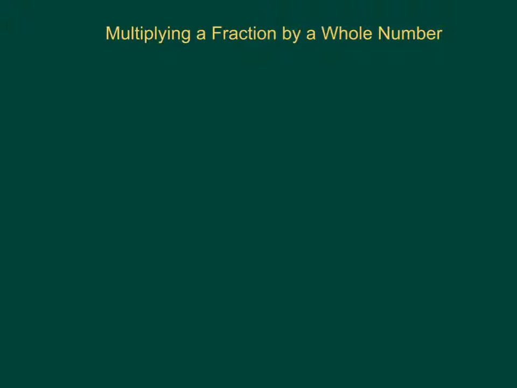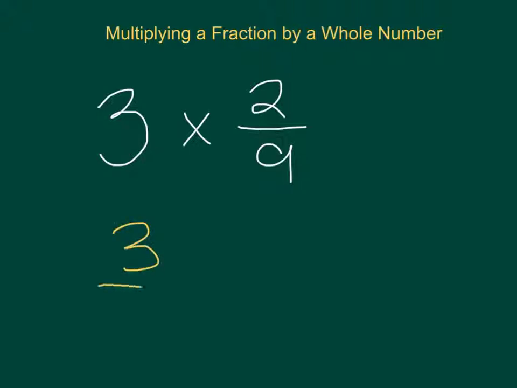Okay, so let's use 3 again as an example. And we're going to multiply 3 times 2/9. So what I would do then is rewrite my fraction 3 over 1 times 2 over 9.